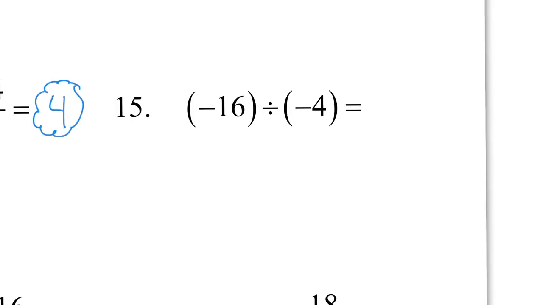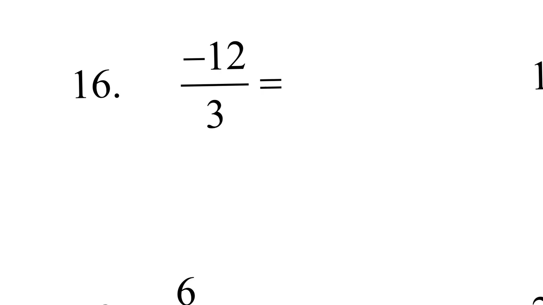One more time, if you have a negative 16 divided by a negative 4, notice there's a negative here, a negative over here, same sign, you're dividing. So when you divide or multiply and you have the same sign, the answer will be positive. So 16 divided by 4 is 4. So my answer is positive because the two integers have the same sign. They're both negative. Negative divided by negative is positive.